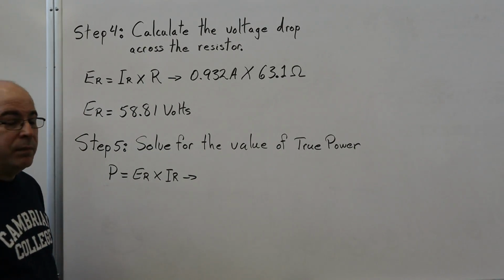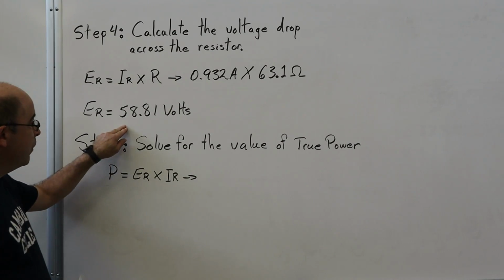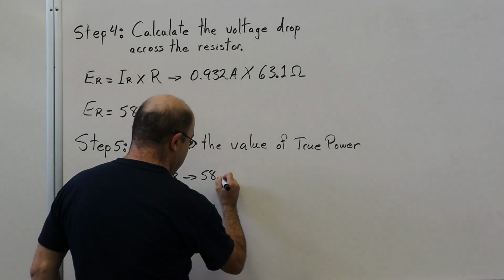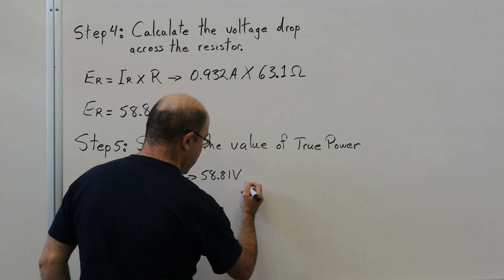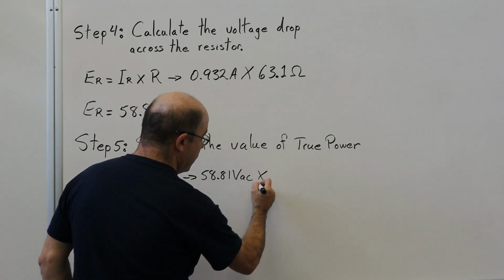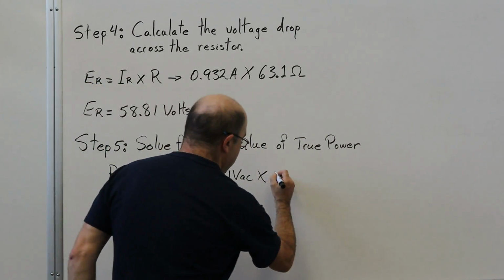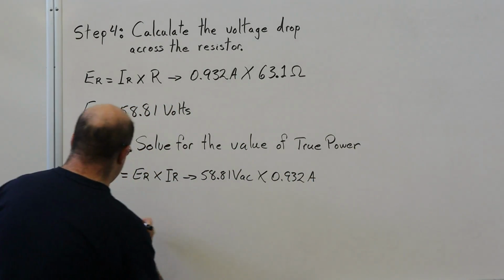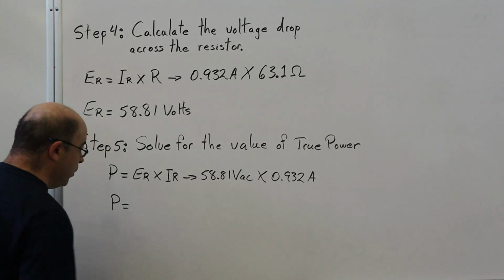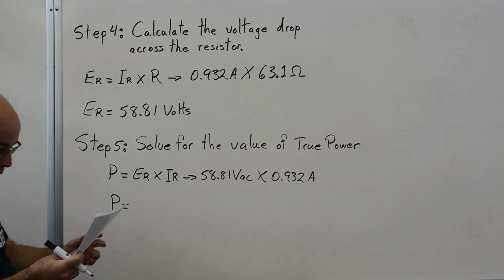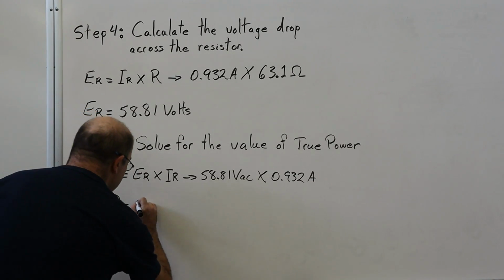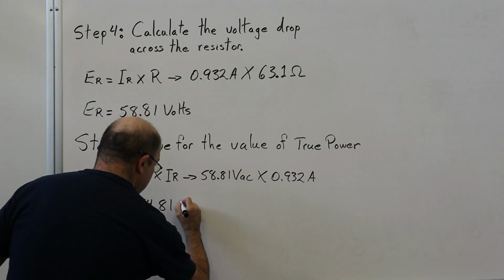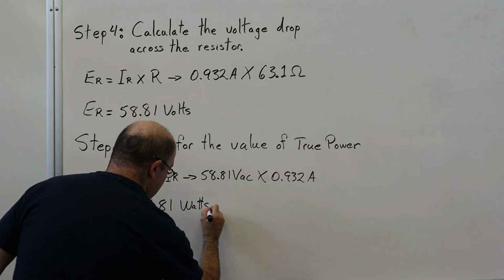Our value of the voltage drop, 58.81 volts AC, multiplied by 0.932 amperes. The power consumed by the resistor is going to be 54.81 watts.